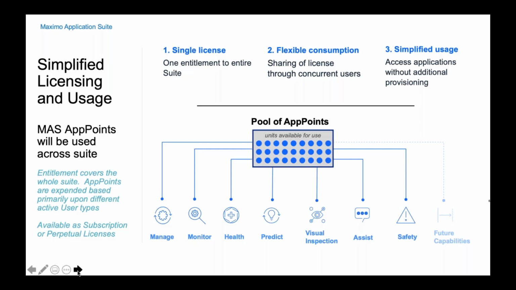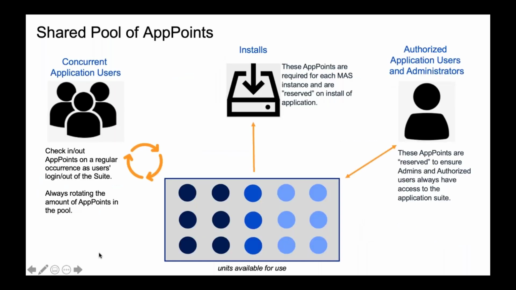So let's dive a little deeper into that. We have a shared pool of app points. For the sake of math, let's say 1,000 app points that you have purchased to utilize the application suite. Within your environment, you may have concurrent users.